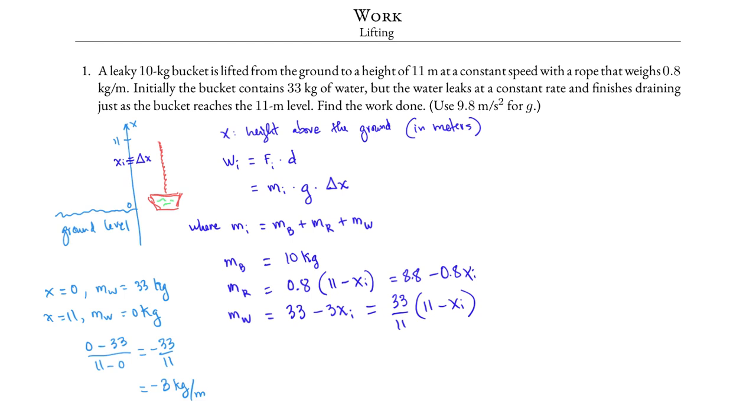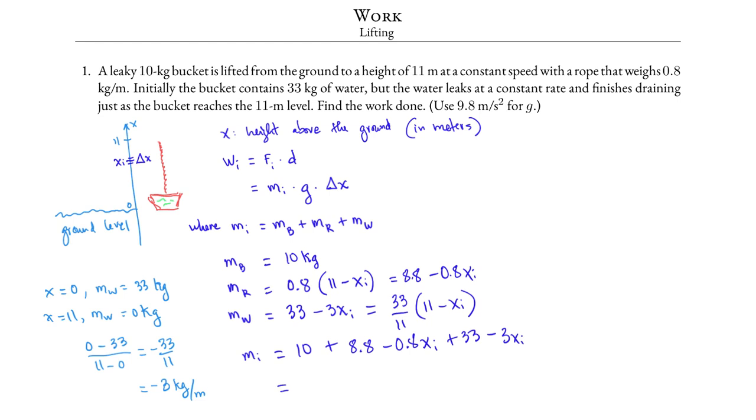At the level xi, the remaining mass is therefore 10 kg for the bucket, 8.8 minus 0.8 xi for the rope, and 33 minus 3 xi for the water.